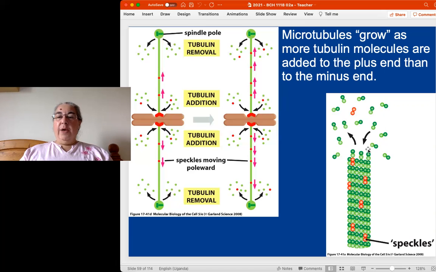So if more is added here than leaves, the speckles will seem to move in this direction. If more falls off than is added, the speckles will seem to move in this direction. Okay, so altogether we have a microtubule fiber, a long fiber, but the actual tubulin molecules which make it up keep changing. They keep being added to one end and removed from the other end.